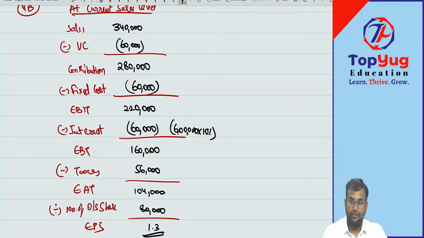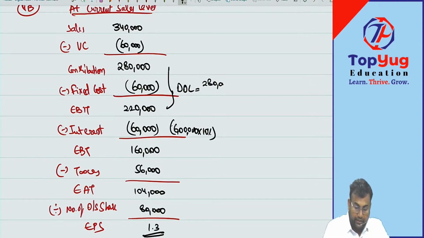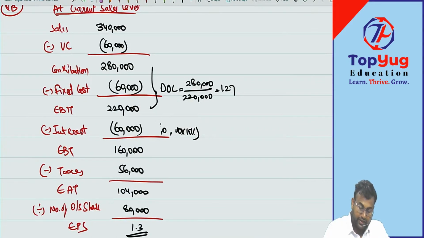You have to find out two scenarios, right? So that will help. What is my DOL? 2,80,000 divided by 220 is, again, I'm just cleaning this calculation.